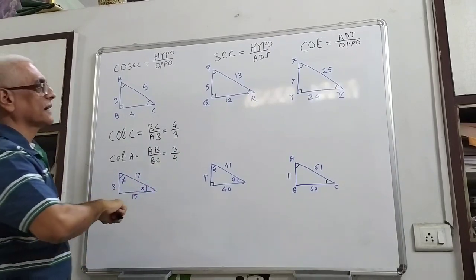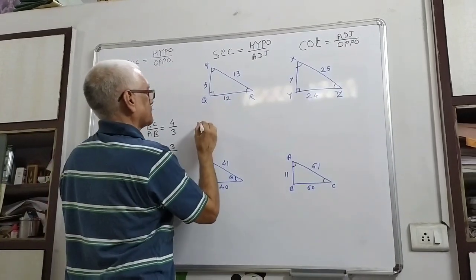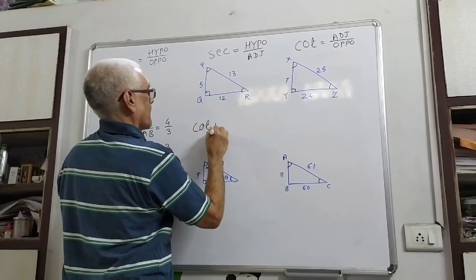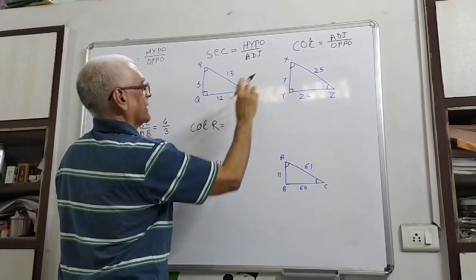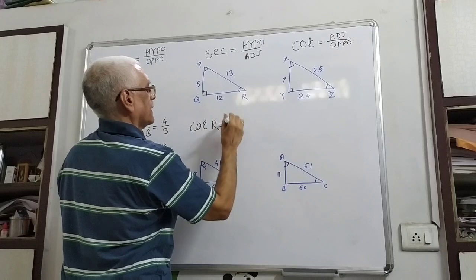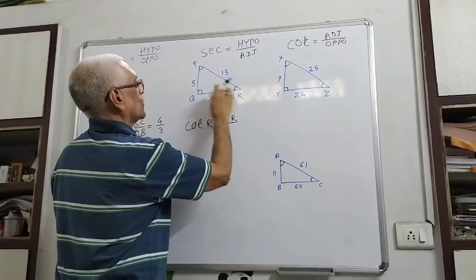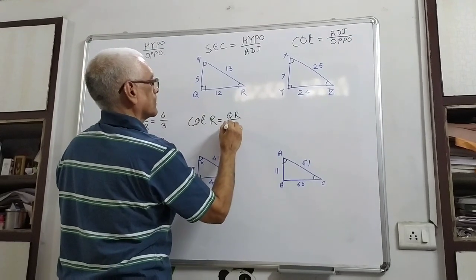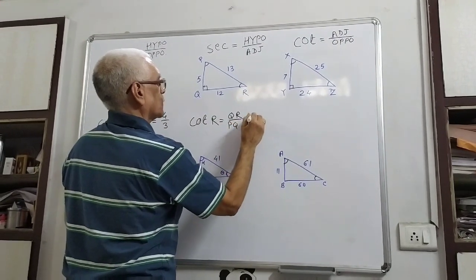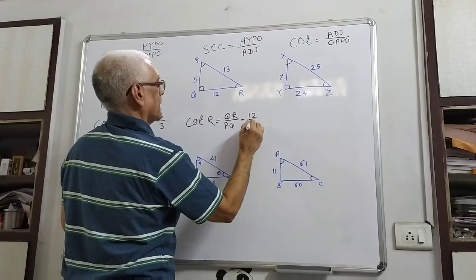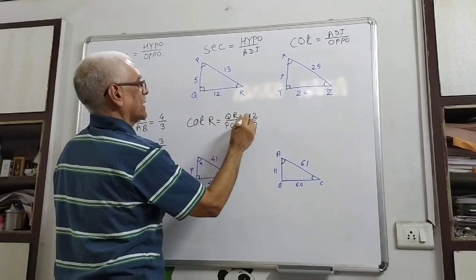In this figure, if we want cot of R, cot means adjacent side. So adjacent to R is QR upon opposite to R. Opposite to R will be PQ. QR is 12 and PQ is 5. So value of cot R is 12 upon 5.